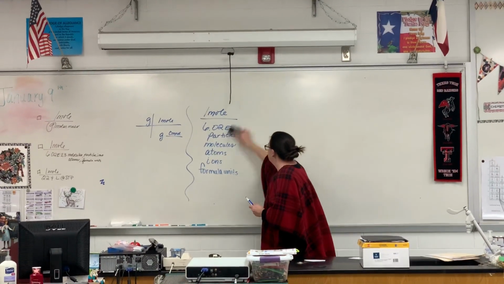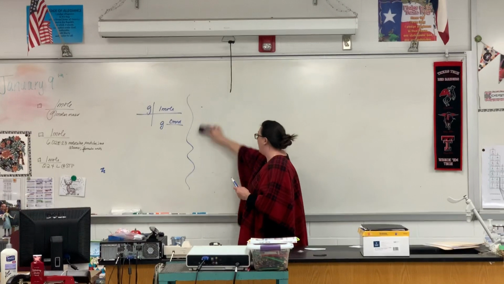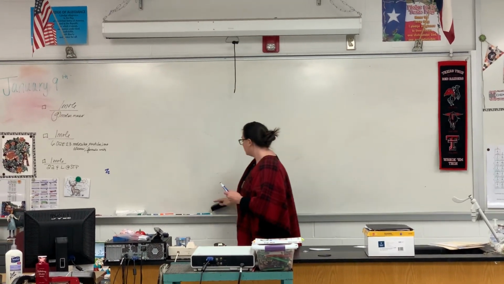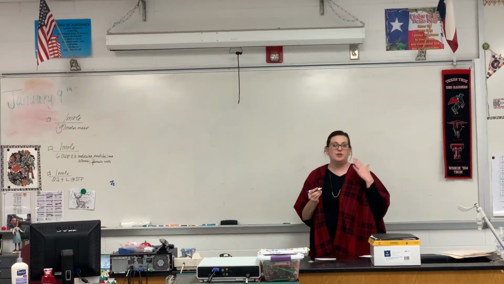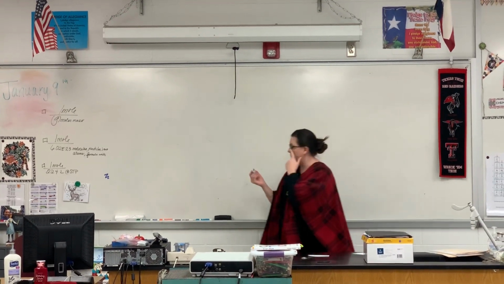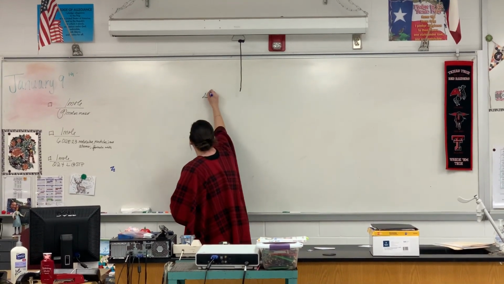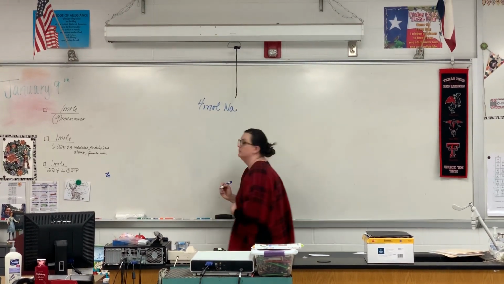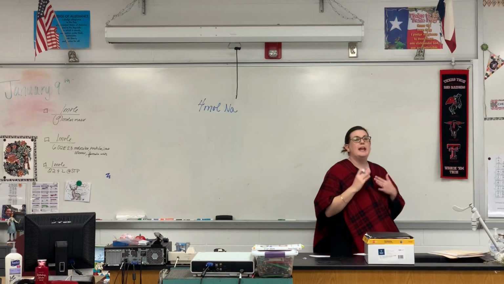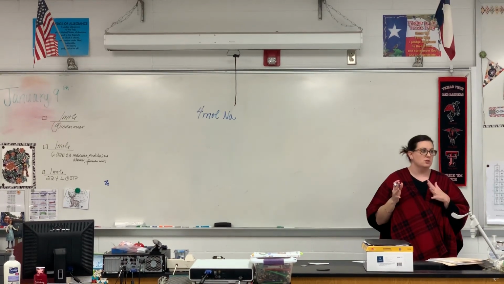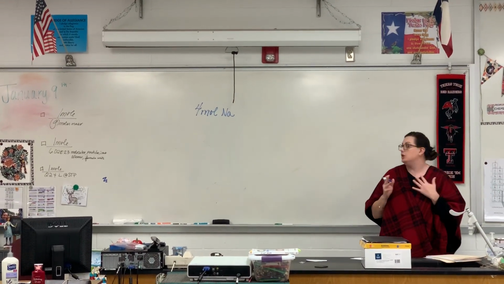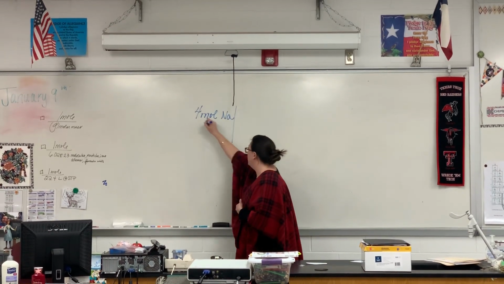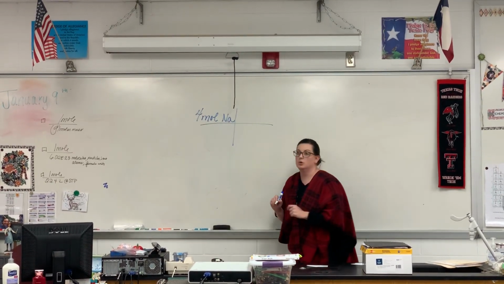So here are some examples so that you know how to start and set up your worksheets. If I were to give you 4 moles of sodium, and I want you to tell me how many atoms of sodium you have, I set up my railroad.